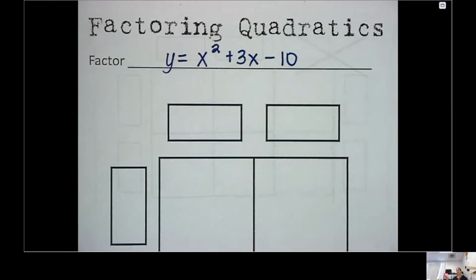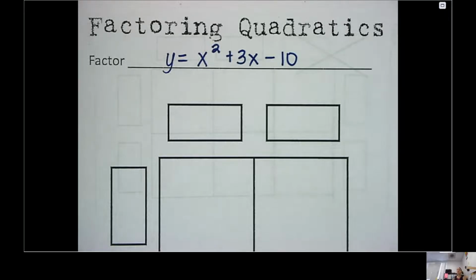Now, we're not graphing it, but if we were to graph it, would this be a happy graph or a sad graph? Happy. This would be a happy graph, okay, good. Remember, you can either have two solutions where it crosses twice. You can have one solution where it crosses the x-axis just once, or you can have no solution where it's above or below the graph and it never touches, okay?